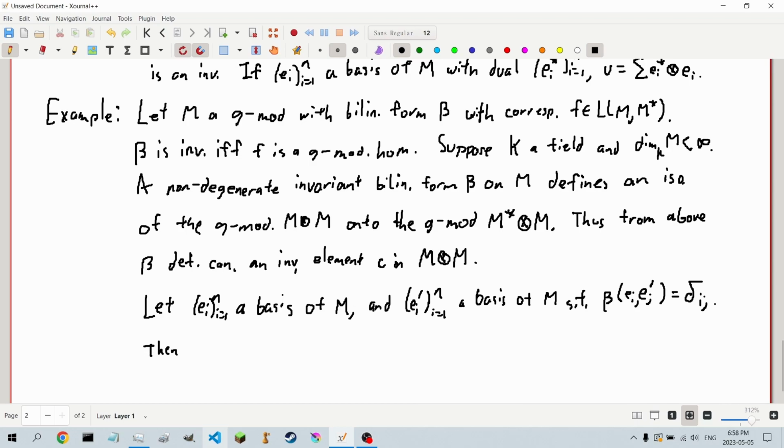Then C is just the sum of e_i tensor e_i prime. Alright.